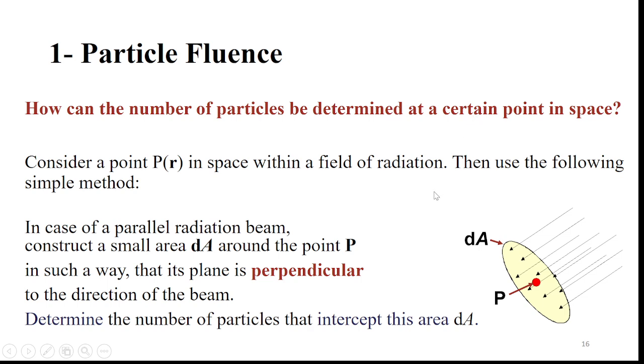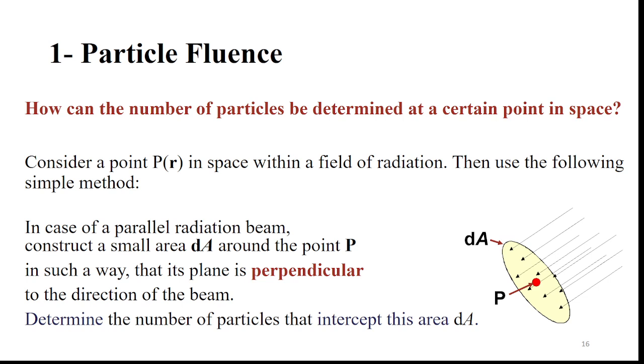In the radiation field we choose a specific point in space. This point is called P. At this point we want to measure the fluence within a radiation field.